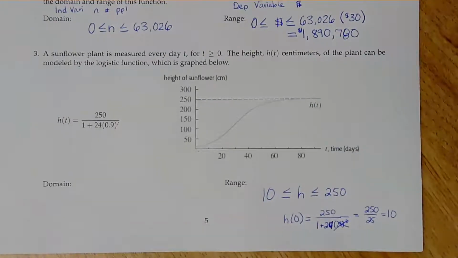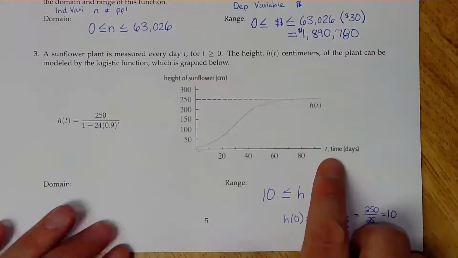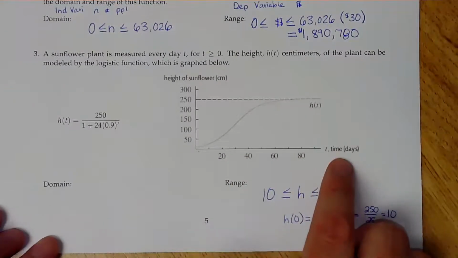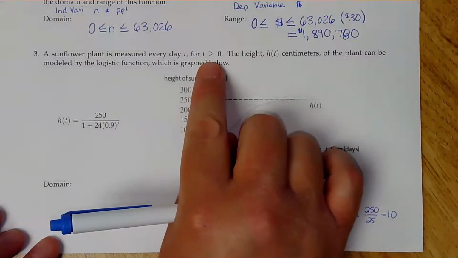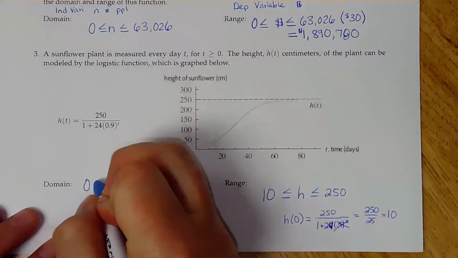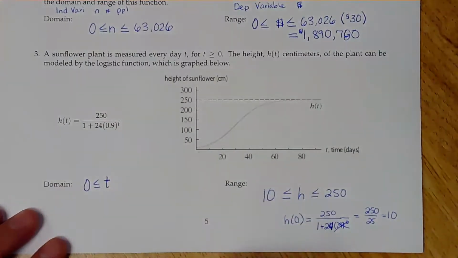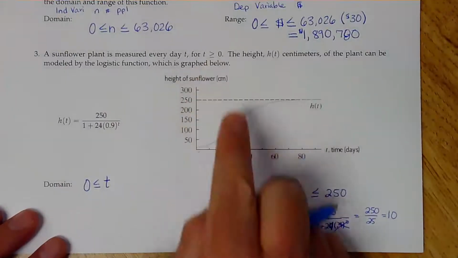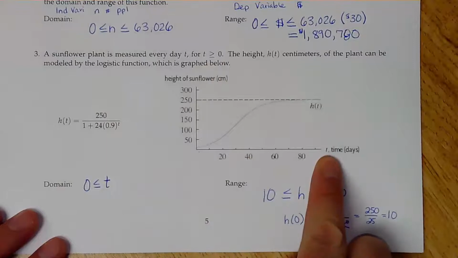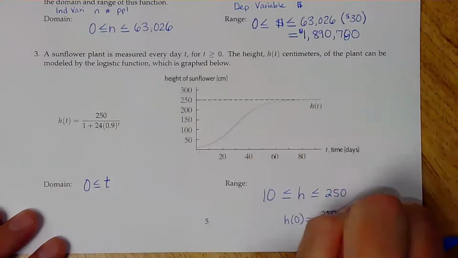And then the domain. Again, that's our independent variable on the horizontal axis, and that's going to be the time. We know for sure that little t is greater than or equal to 0, so that gives us the lower part of our domain. Then we need to think about what the upper part of this is. They didn't put a restriction on it here. If we look at this picture, it does seem like it just keeps going, but let's think about the practicality of this.